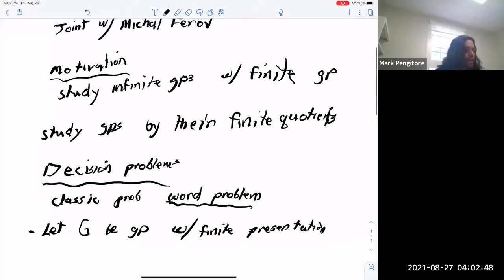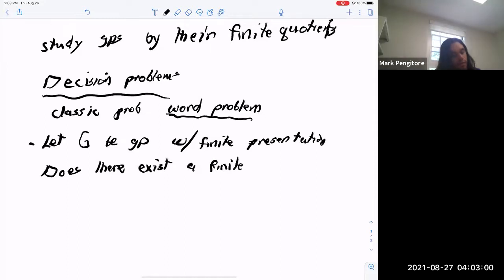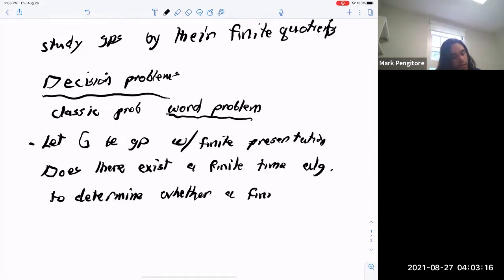The question is the following: does there exist a finite time algorithm to determine whether a given finite word is trivial or not, or represents the trivial element?